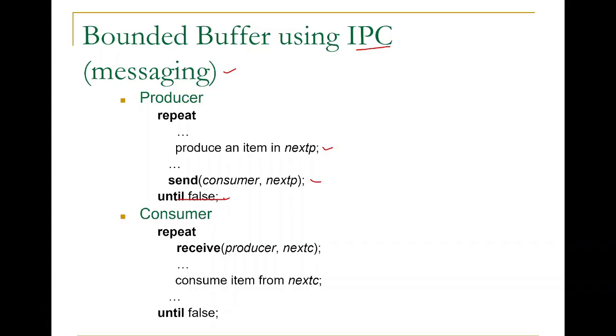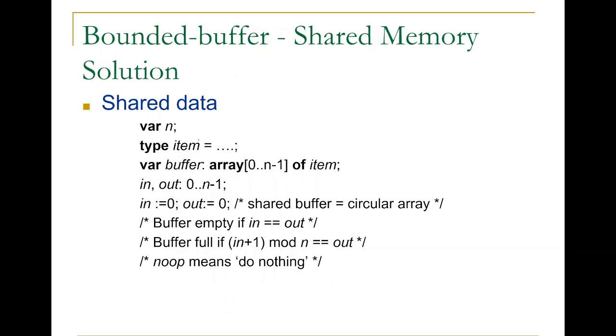So it keeps producing and sending, notifying the consumer that something is there, until it sees that it is filled up. If it's false, automatically it will stop. Then the consumer says repeat: receive producer next C. It keeps on consuming items from next C until false, when it notices that the producer is now empty. All right, so that is it.